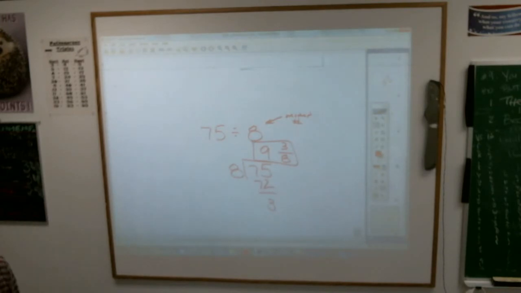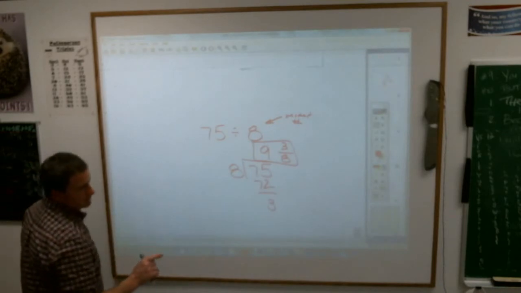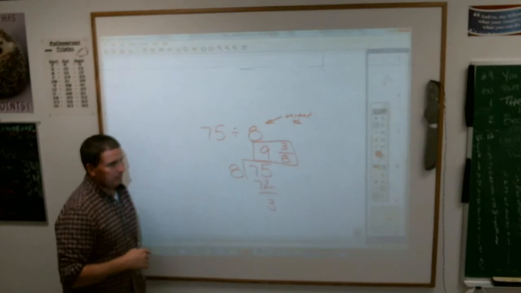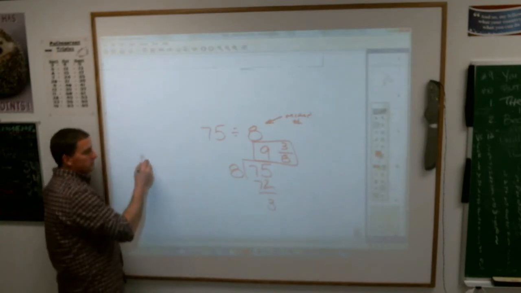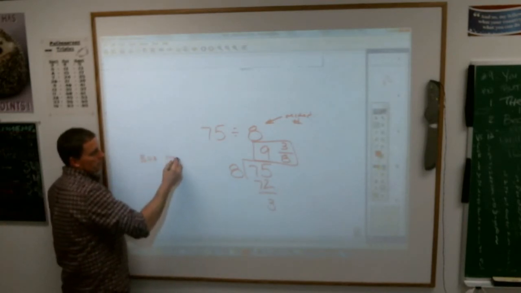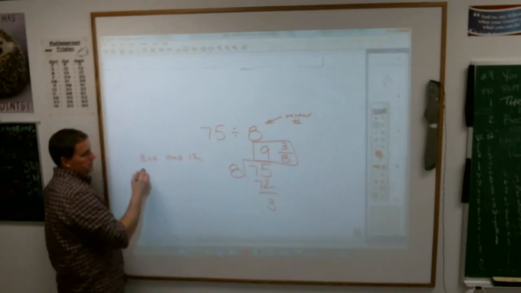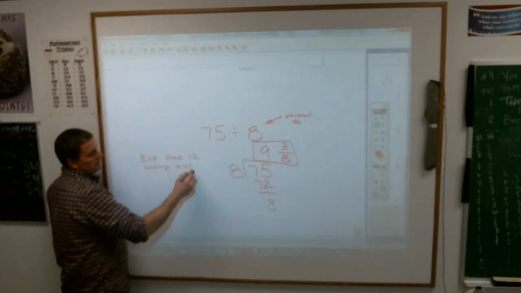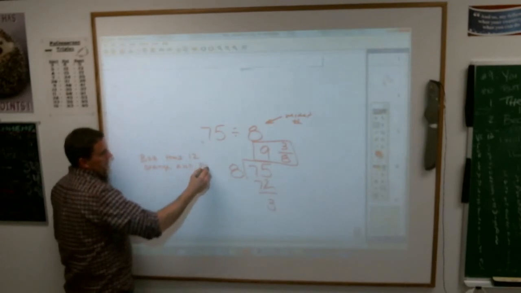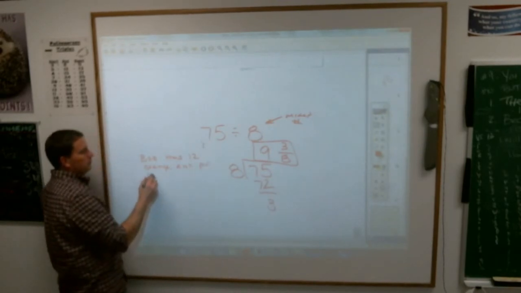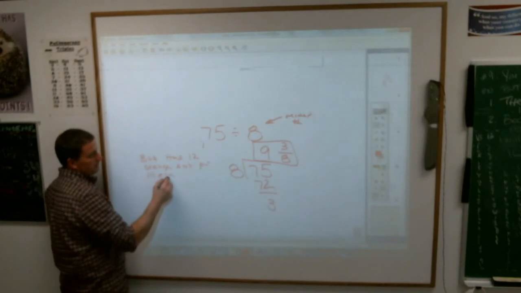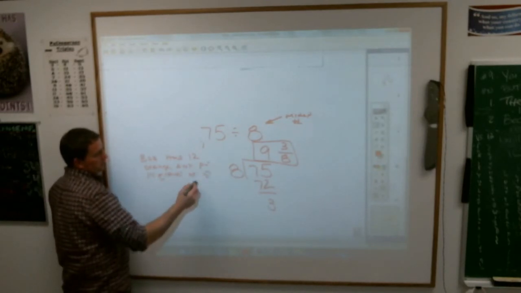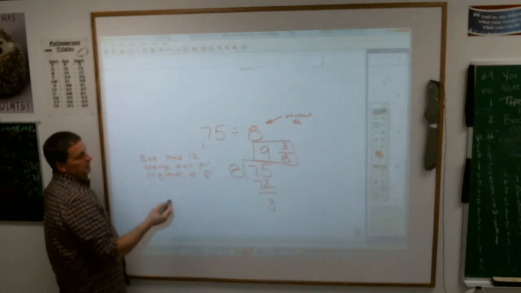Just remember, if it's a story problem, and it's something that you can't get a remainder of, like, Bob has 12 oranges and splits them up into groups of 5.